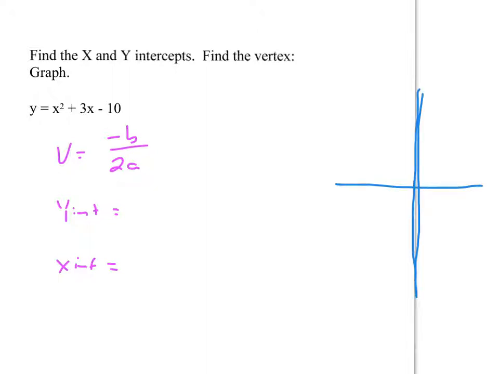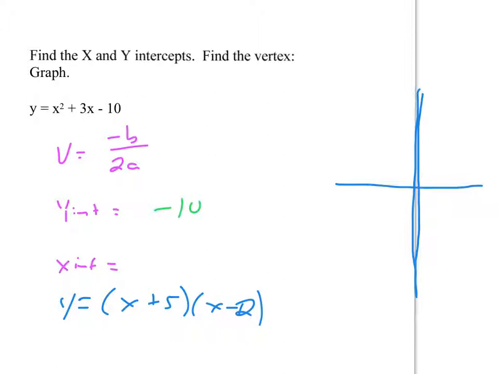Okay, let's start with the easy stuff here. You should have found your y-intercept was negative 10. You got that by plugging in 0 for x. You get 0 plus 0 minus 10. If you factor the function, you're going to get y equals, or 0 equals, you let y equal 0, x plus 5, x minus 2.